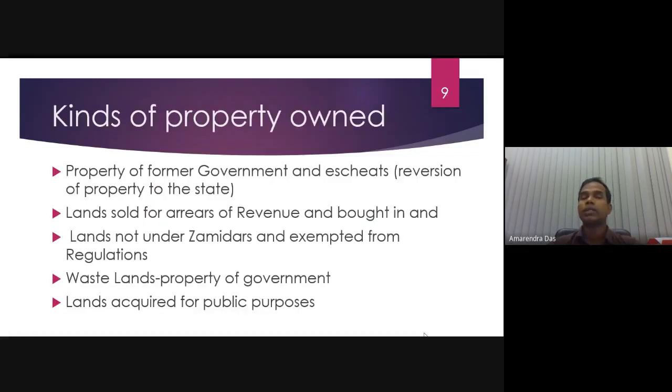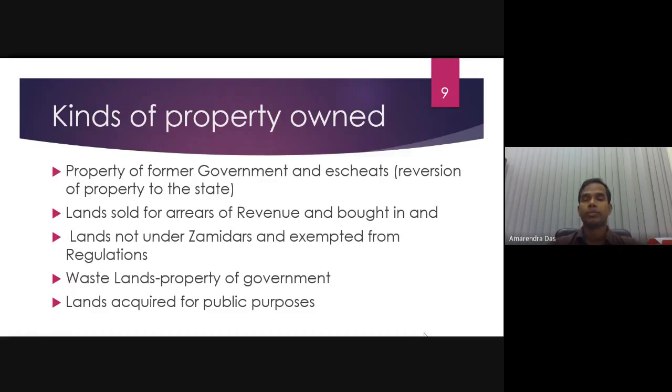And then looking at the types of properties that existed, or the properties owned by the different agencies, there was property of the former government and estates, that is, reversion of the property to the state. Either the government owned the property and it has come back again to the government. And then land sold for arrears of revenue and bought in.